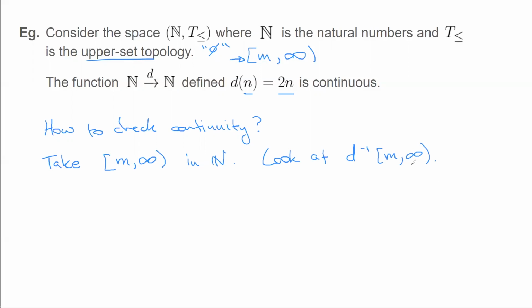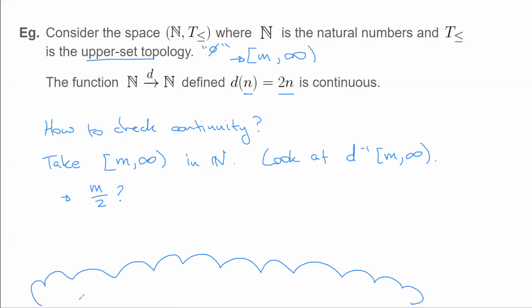So you might have guessed that what we need to do is try to find a natural number like m over 2. The reason we care about this natural number, m over 2, if it is a natural number, is because d inverse of m off to infinity should really just be m over 2 off to infinity, right?